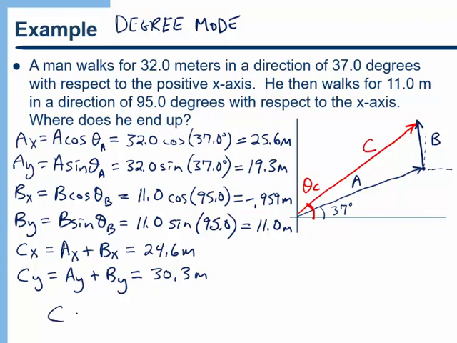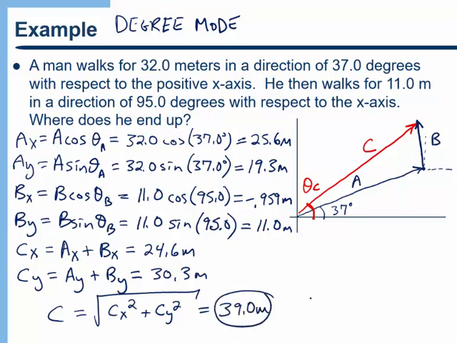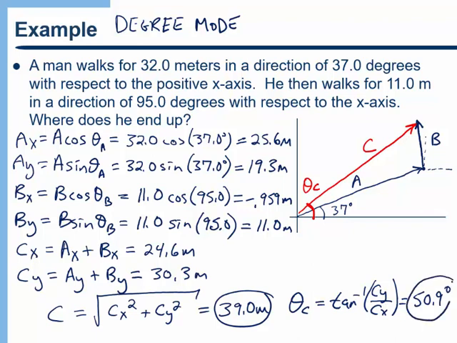And then using the Pythagorean theorem, so CX squared plus CY squared all under the square root, I'll give you the answer I got. I got 39 meters. And for theta C, using the inverse tangent of CY over CX, I got 50.9 degrees.